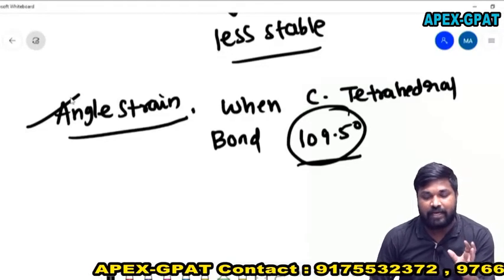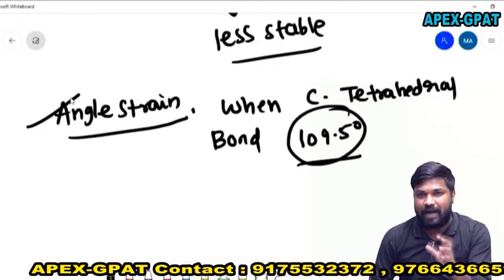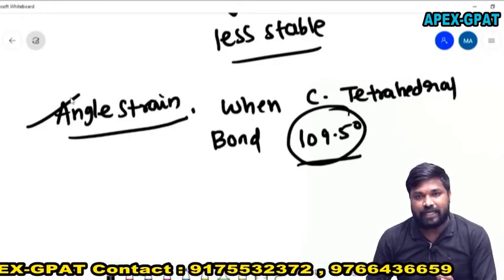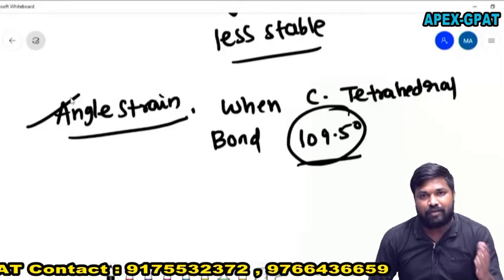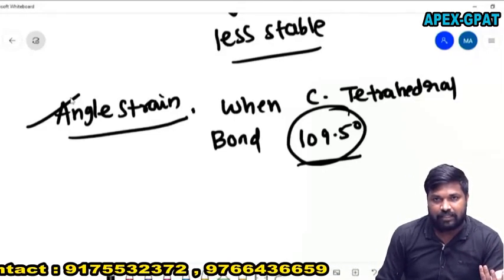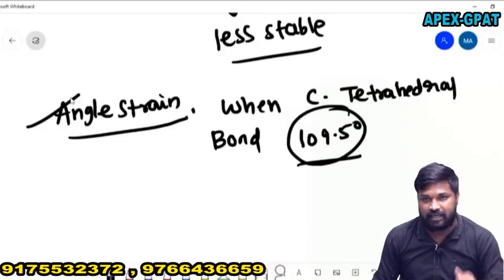The ideal bond angle is 109.5. Now if it is above or below 109.5, that becomes less stable.